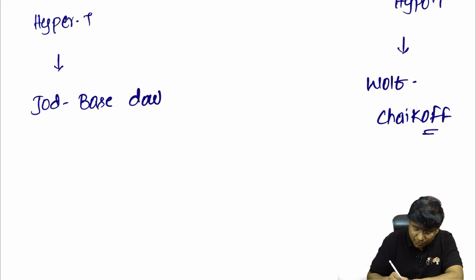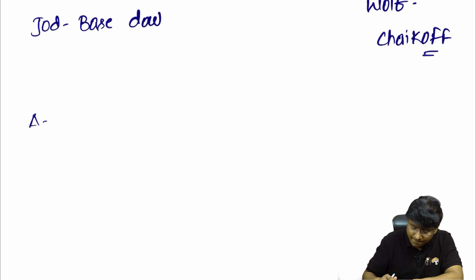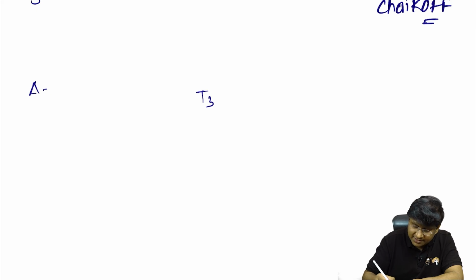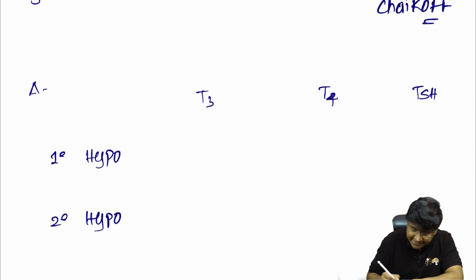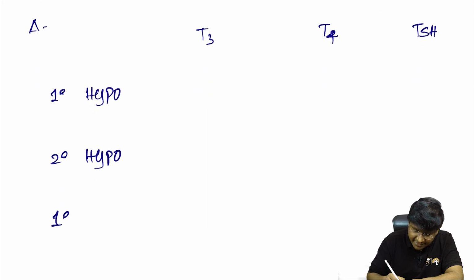Then how will you do the workup in these patients? So you need to work up based on the thyroid profile, that is T3, T4, TSH. And you should know what will be the thyroid profile in primary hypothyroidism, secondary hypothyroidism, then in primary hyperthyroidism, and in case of secondary hyperthyroidism.